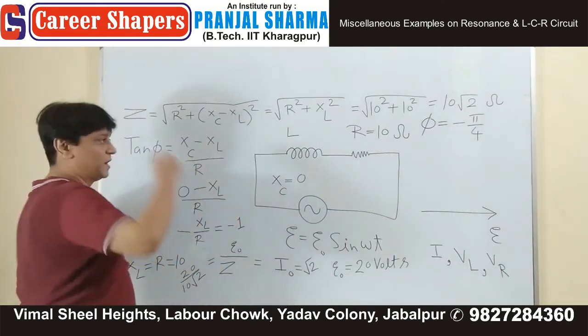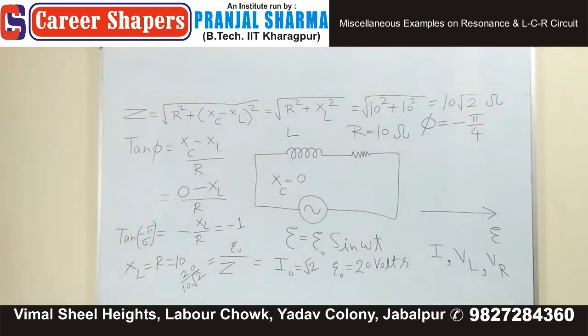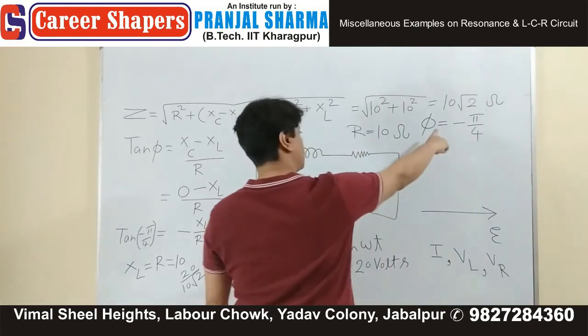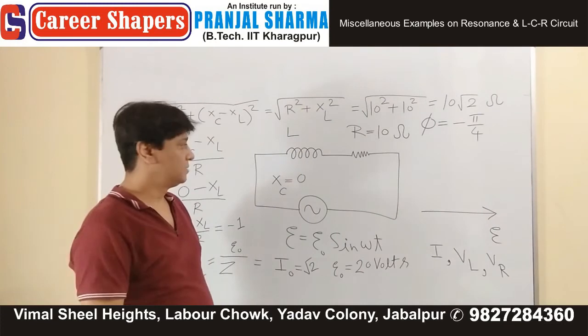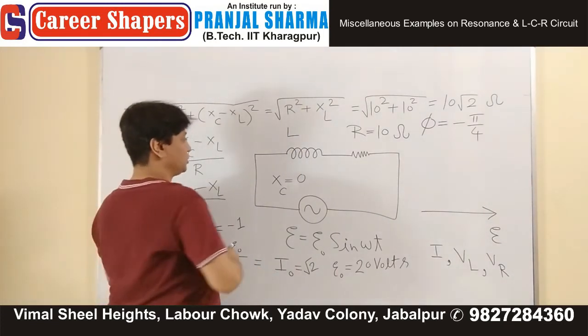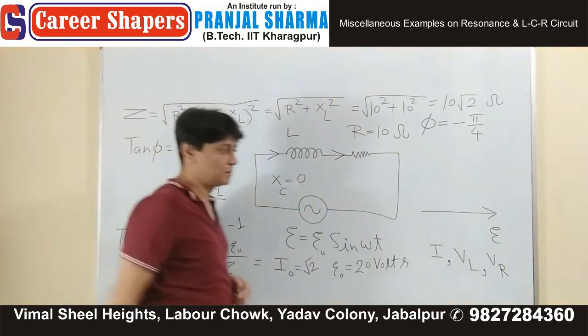What's the value of phi? Minus pi by 4. What is phi? Phi shows you current which is flowing in the circuit.